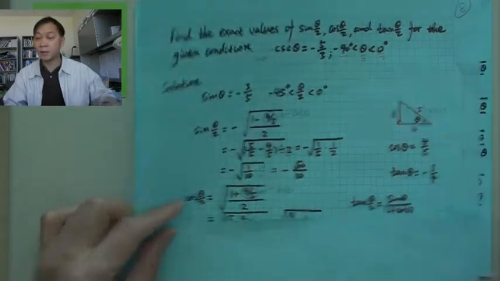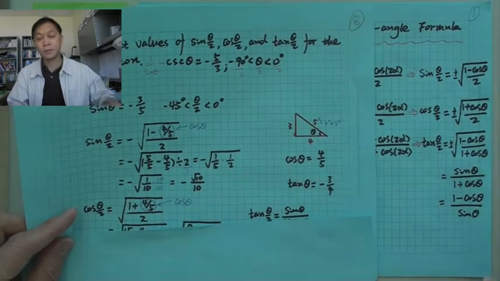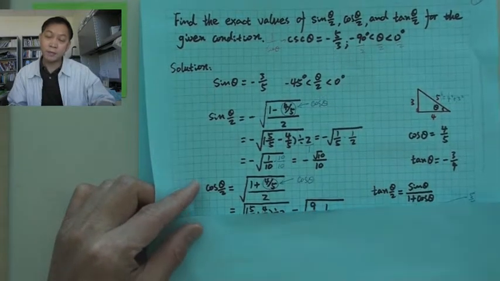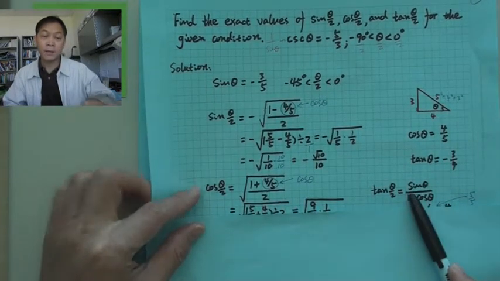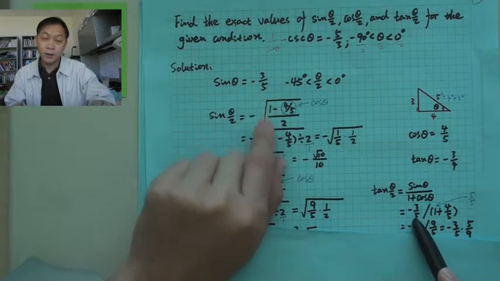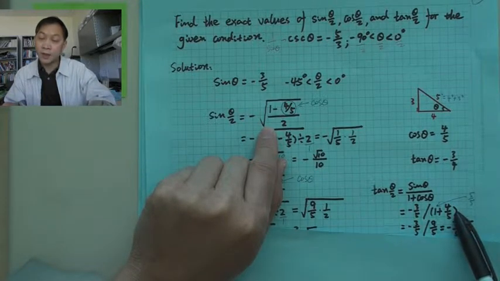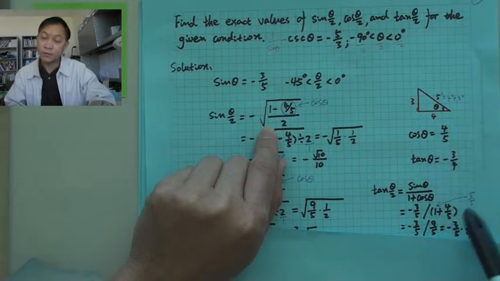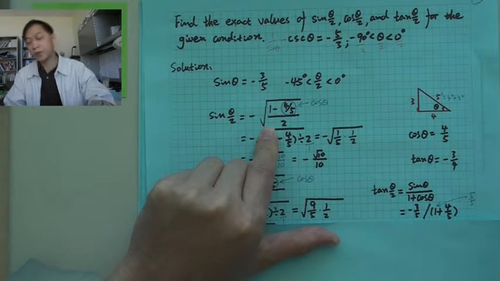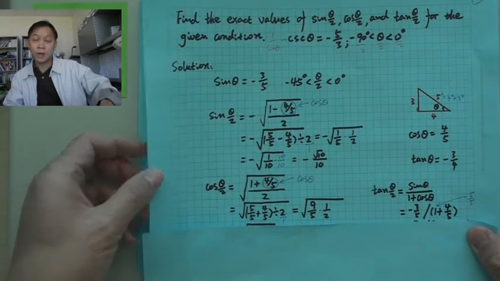That's the formula I just now pointed out. For tan theta over 2, I use this one. So we have sine theta, negative 3 over 5 here, and then 1 plus cosine theta. Cosine theta is 4 over 5. In the following steps, we are going to figure that out.